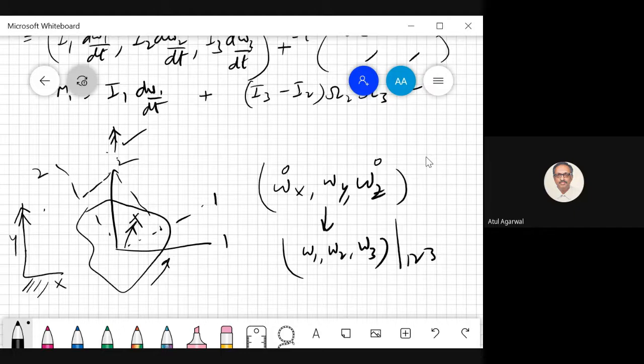Only then can I use I1, I2, I3, and then omega 1, omega 2, omega 3, and any vector A1, A2, A3. So these two vectors have to be measured in the same coordinate system. Is it all right now?